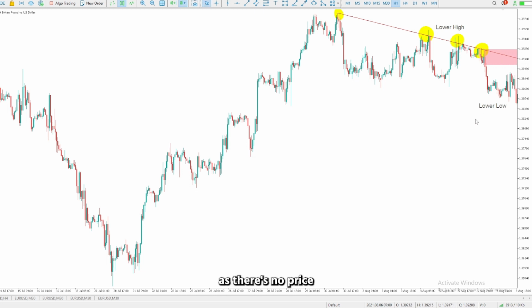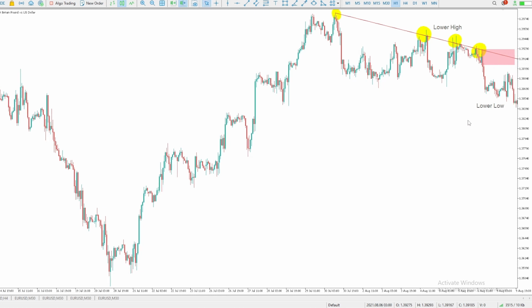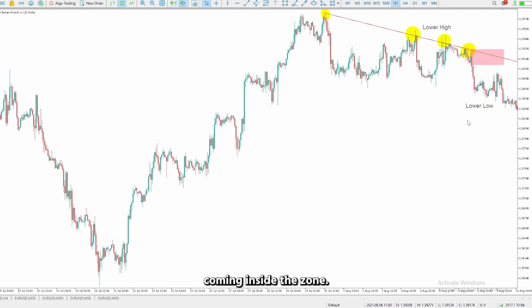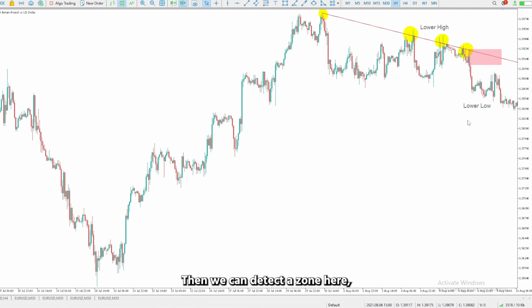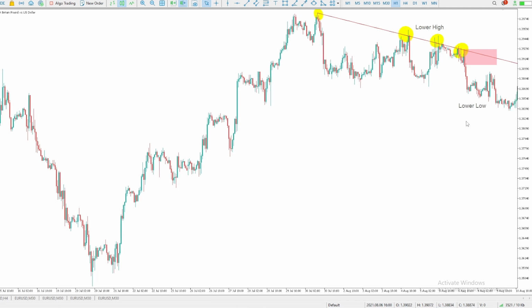As there's no price coming inside the zone, we can detect a supply zone here.